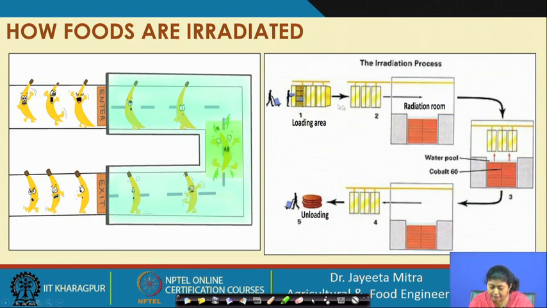Similarly, the irradiation process can be applied in a large scale unit where there is a loading area, and after loading all the food material into crates or proper sections, they are inserted into the radiation room. Here we are applying cobalt 60 that generates the gamma rays, and then it is unloaded. So, this is how food is exposed to the irradiation process.